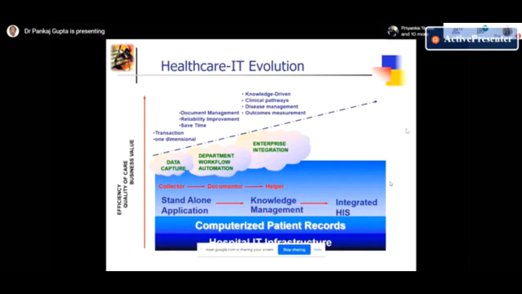The clinical pathways are established. The disease management protocol is established. Outcome measurements are there. So this becomes like a helper system. If you look at the market today, most of the systems that you see in the market in India are at this stage. So these are enterprise integrated systems. And you will see vendor lock-ins happening a lot there.